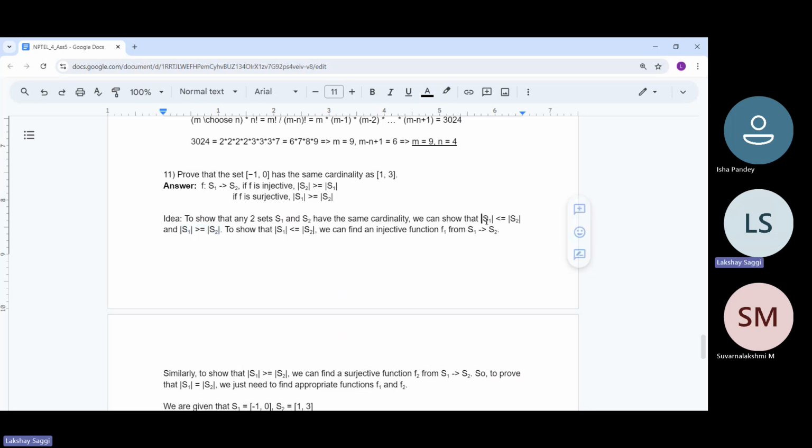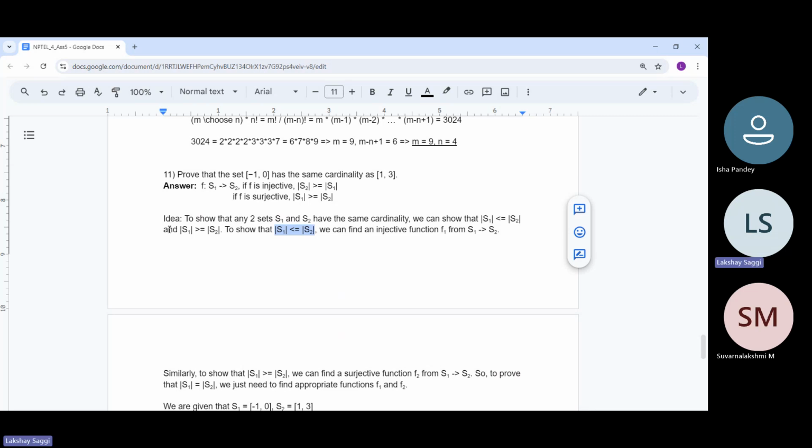And for proving that |S1| is less than or equal to |S2|, we can find an injective function f1 from S1 to S2. Because if an injective function exists from S1 to S2, then we get that |S2| is greater than or equal to |S1|, which we needed to show.